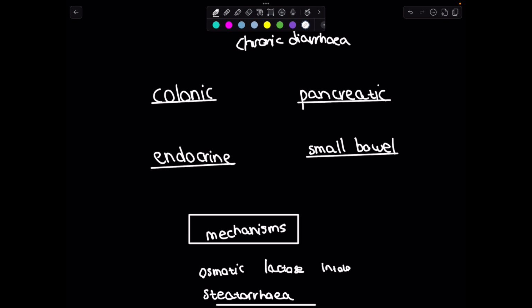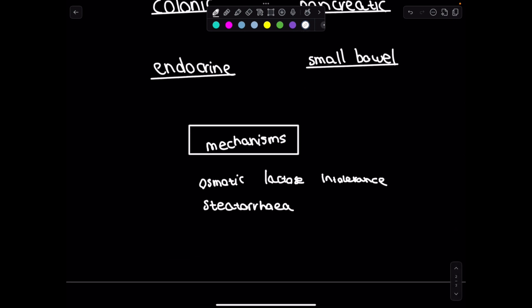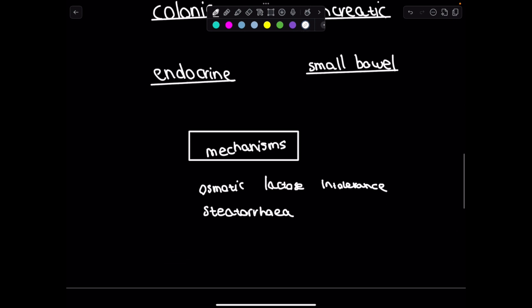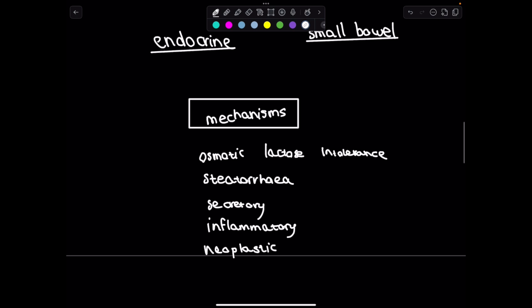All right, let's briefly explain these diarrhea mechanisms for the podcast. Osmotic. Unabsorbed substances, e.g. lactose, pull water into the gut, causing watery stools. Lactose intolerance. Lack of lactase enzyme leads to unabsorbed lactose, triggering osmotic diarrhea. Steatorrhea. Fat malabsorption, e.g. pancreatic issues, causes greasy, foul-smelling stools.